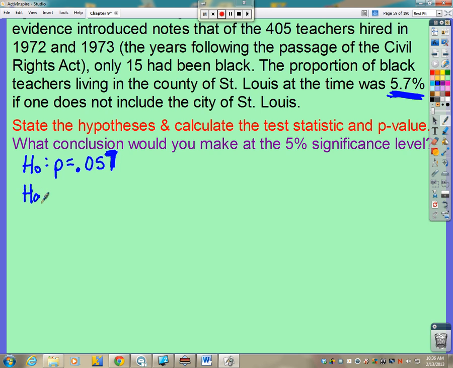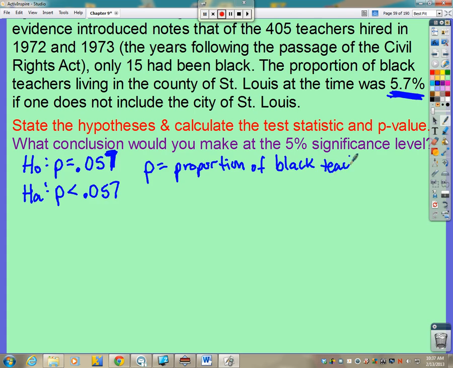Versus alternatively, we're trying to show that they discriminated, that they really hired less than the percent that live in the county of St. Louis. Where p is our proportion of black teachers hired, we'll say.